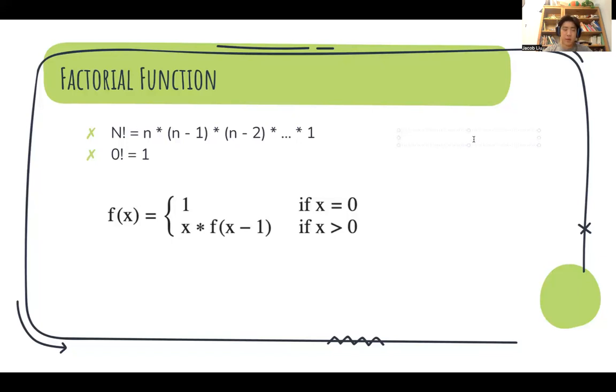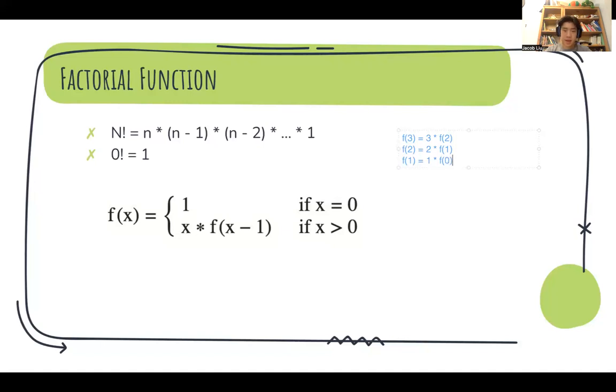So f of 3 is equal to, you can see 3 is greater than 0, so that means f of 3 is equal to 3 times f of 3 minus 1, which is 2. F of 2 is equal to 2 times f of 2 minus 1, which is 1. F of 1 equals 1 times f of 1 minus 1, which is 0.